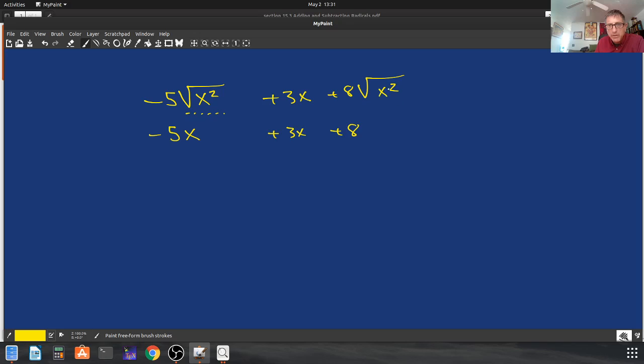And the square root of x squared is x. So now I'm just adding minus 5x plus 3x plus 8x, which is the same as minus 5 plus 3 is minus 2 plus 8. That is 6x. And we're done.